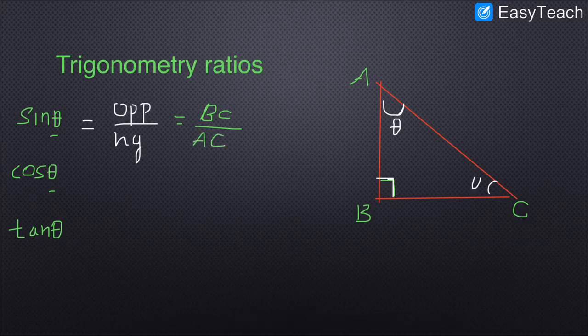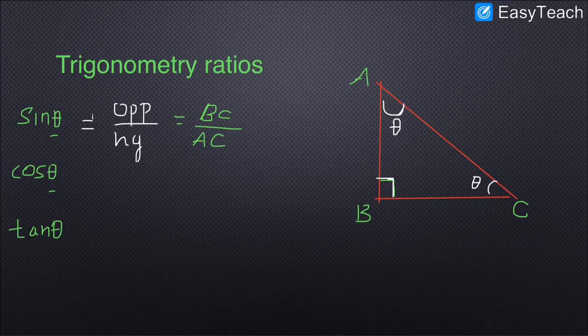But if theta is located here, the same formula is applicable everywhere: sin theta equals opposite by hypotenuse. This time the opposite side is AB and the hypotenuse is the same AC, right.